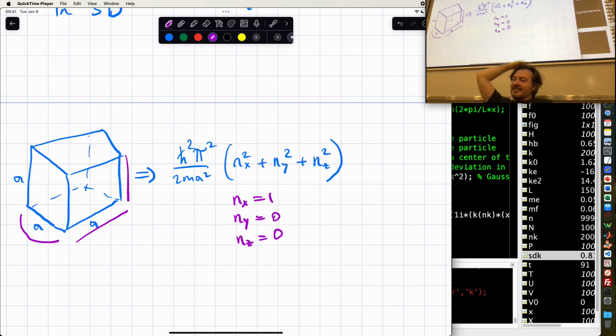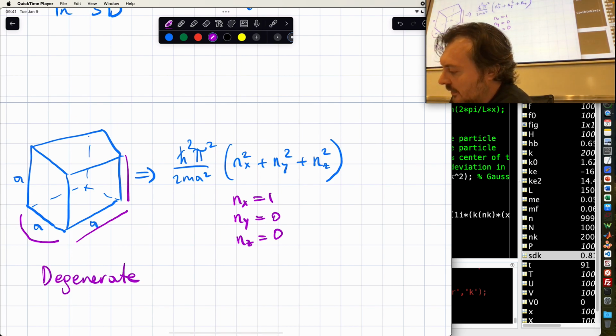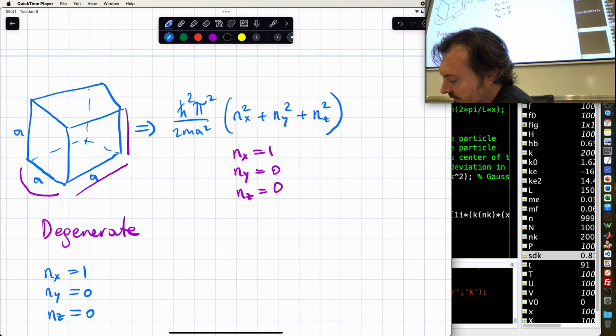Yes? But the ground state is degenerate. What does it mean, degenerate? It means that different functions correspond to the same energy. So nx, ny, nz being 1, 0, 0 gives you a function with dependencies on nx, ny, and nz.